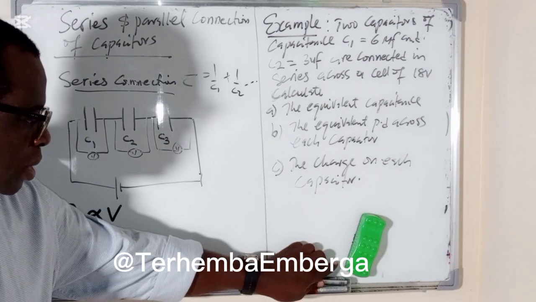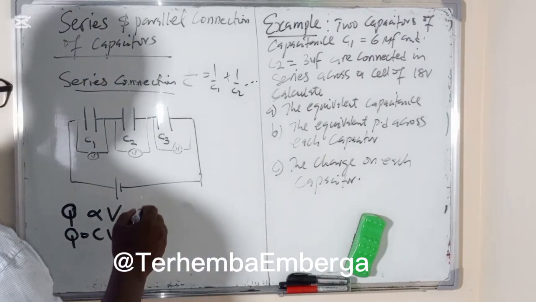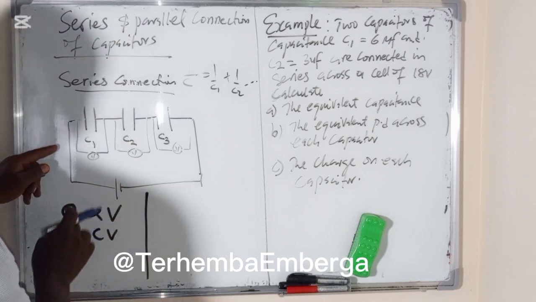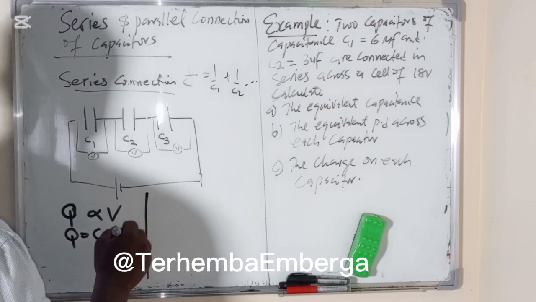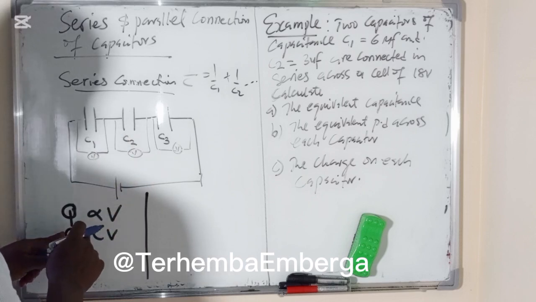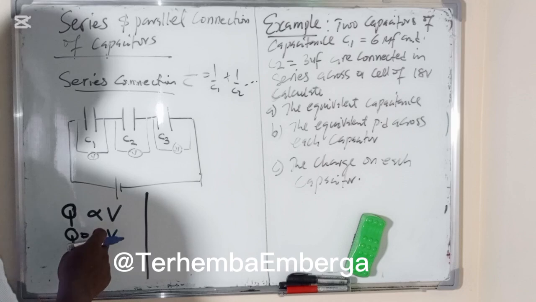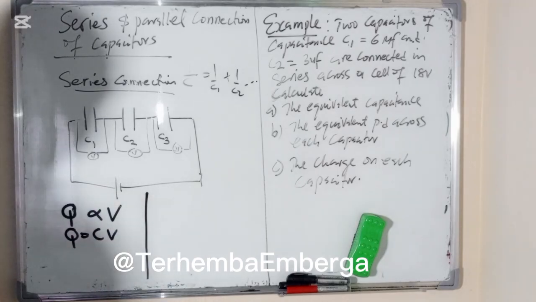The charge passing through C1 is the same. What of the potential difference?